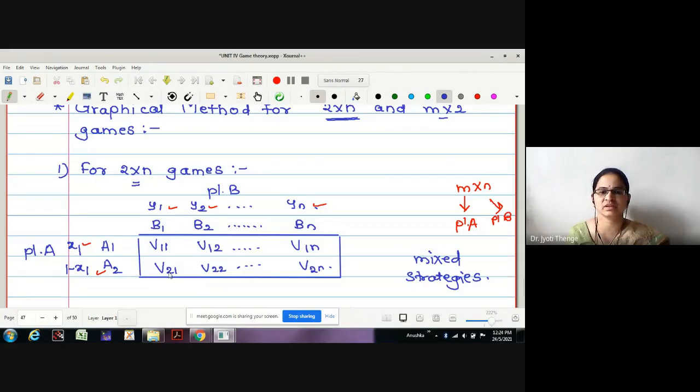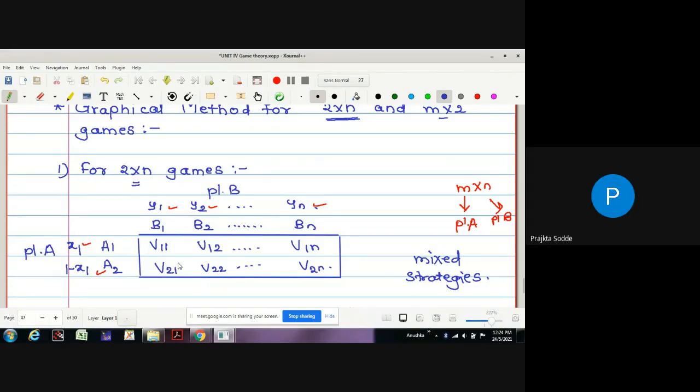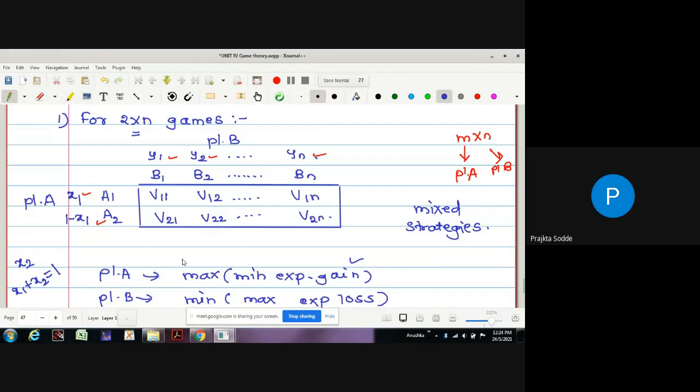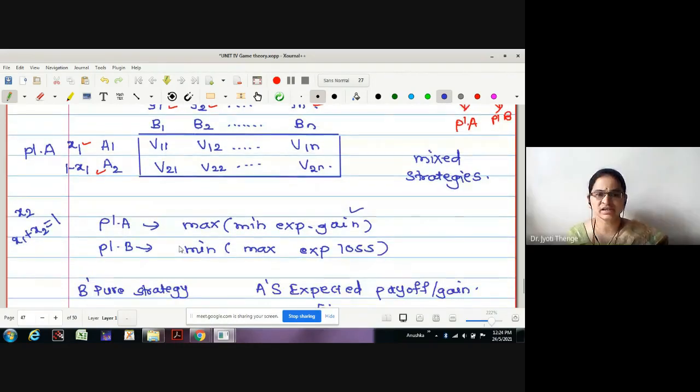Ma'am, is it V11 x1 plus V21 x2? Yes, it is correct: V11 x1 plus V21 into (1 minus x1). Why were we finding it like this? Because we have said that B chooses to play B1 only.